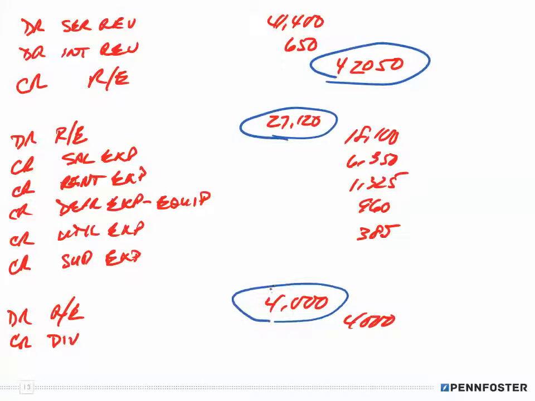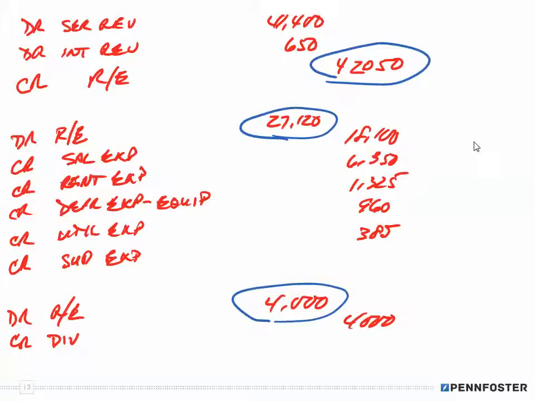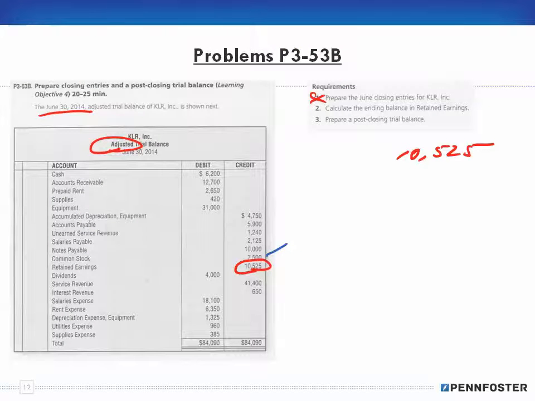Now remember, retained earnings is an equity account, and the normal balance of an equity account is a credit. That's why we're starting out as a credit of $10,525. So when I credit retained earnings for $42,050, I'm adding it.